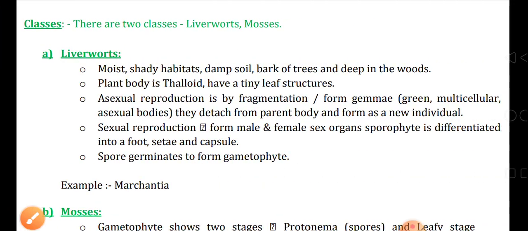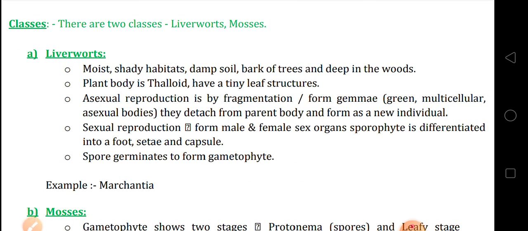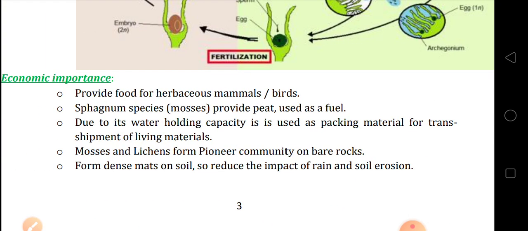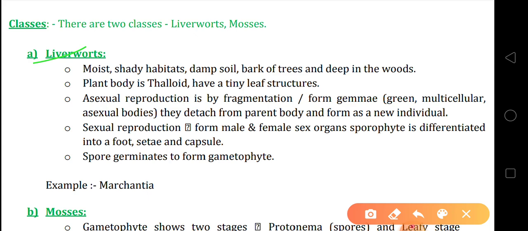Now next, children, the classes of bryophytes. Bryophytes are divided into liverworts and mosses, the two classes of the bryophytes. First, you can see there, liverworts. The liverworts usually grow in moist soil and shady habitat.